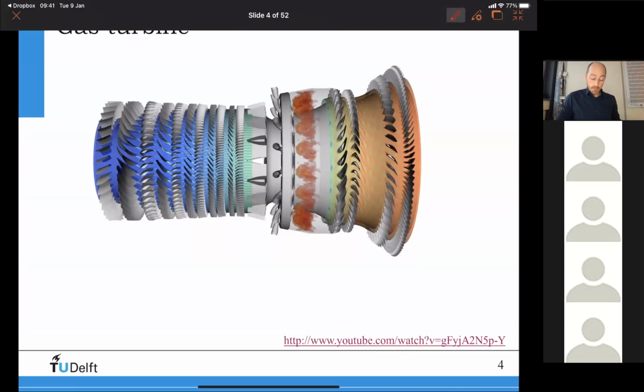When we discussed the cycles in the previous lecture, we always assumed that the compressor is basically one piece. We distinguish between a compressor made of an infinite number of compressor stages, which gives you the polytropic efficiency.